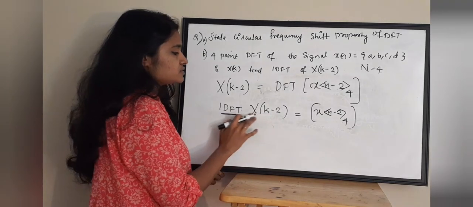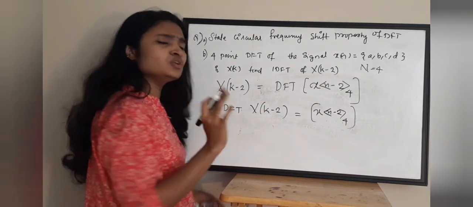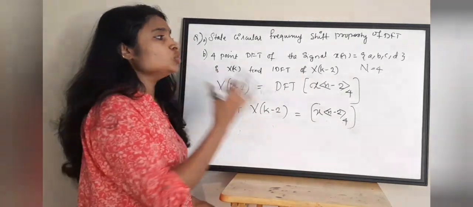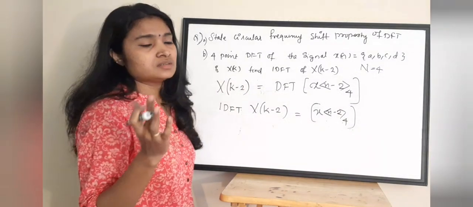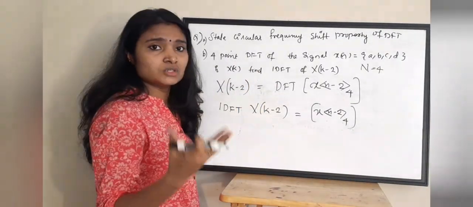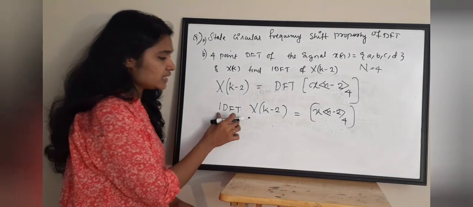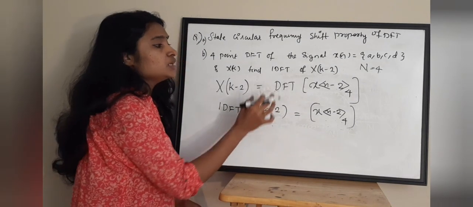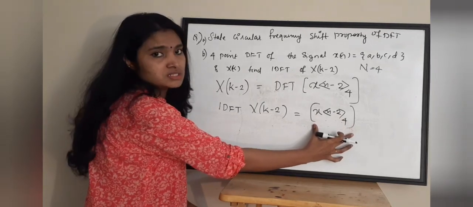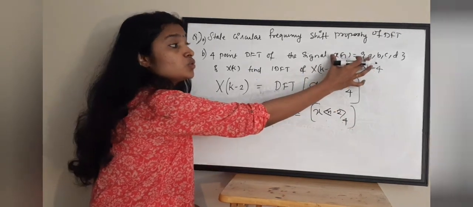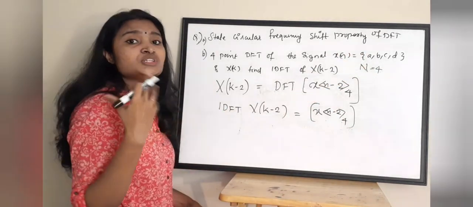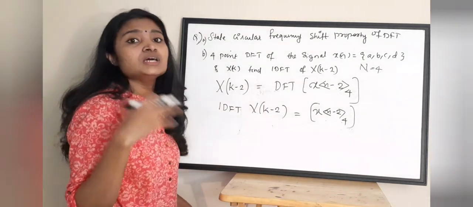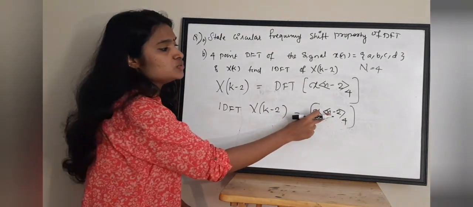If you practice these types of questions, at least 1 or 2, you will be able to answer this type of question. So I hope this much is clear to everyone. If you take the IDFT of X of k minus 2, which is your DFT term, you will get your shifted sequence. Now we have only our original input sequence. We don't have the shifted sequence, but we can find it by varying the values of n.